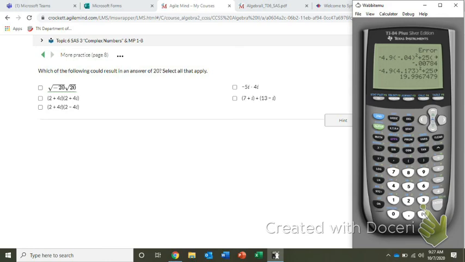Now, type in your choices. Is that 20? It's 20i. We only want 20. So now type in 2 plus 4. To do the i, it's second with a dot.